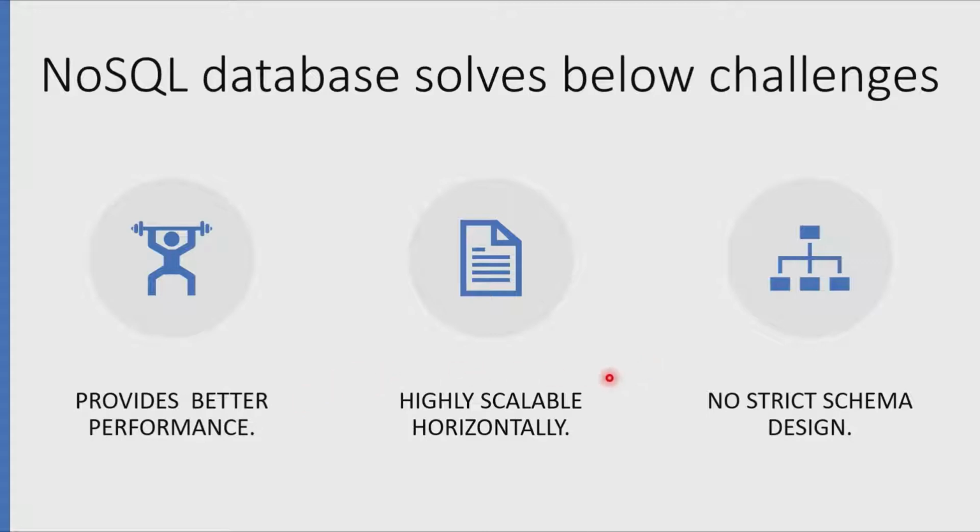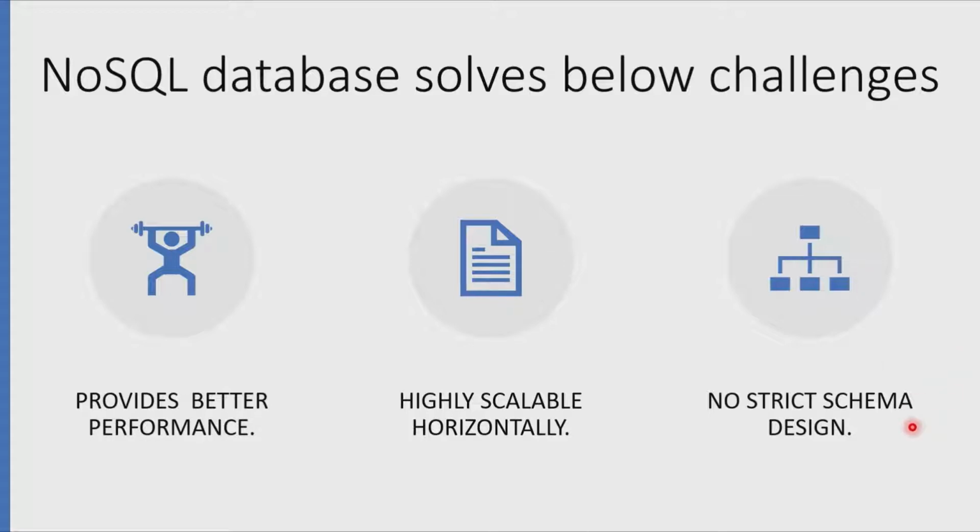NoSQL databases are highly scalable. They are scalable horizontally, which means you keep on adding nodes, and this is very good compared to traditional RDBMS databases, which are scalable vertically. So you keep on adding computing power and storage within the same box.